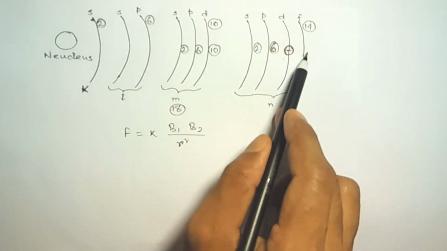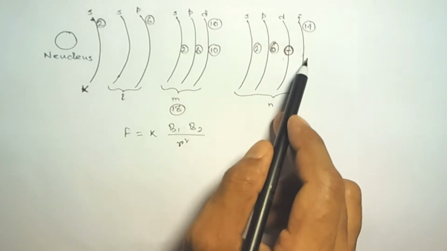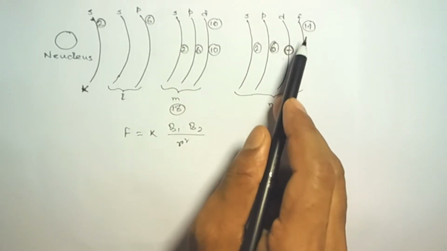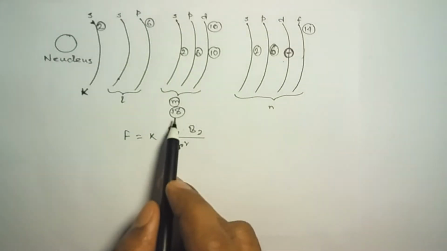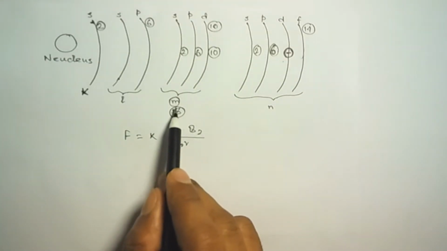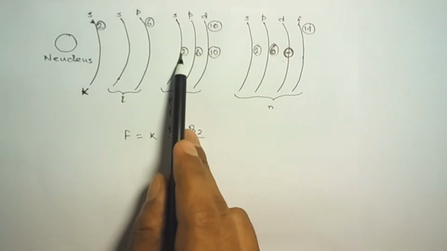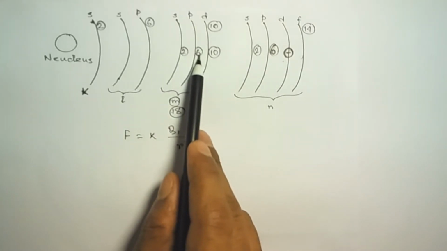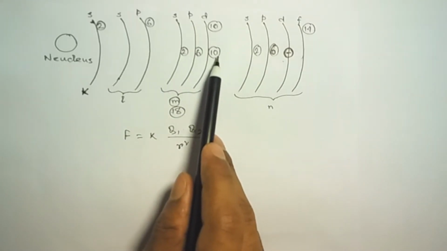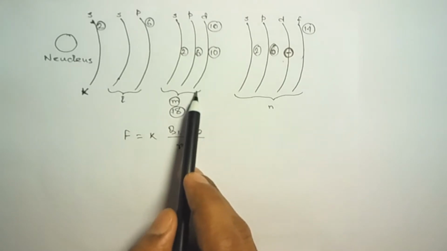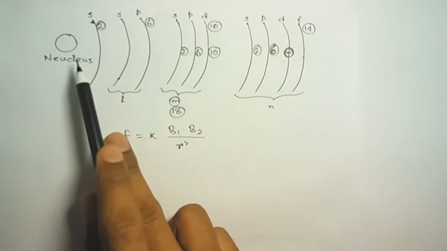In case of F, 14 electrons will be revolving in the F path. We have taken an example for M. Here we have 18 electrons. So in S, 2, in P, 6, and in D, 10 electrons will be revolving around the nucleus.